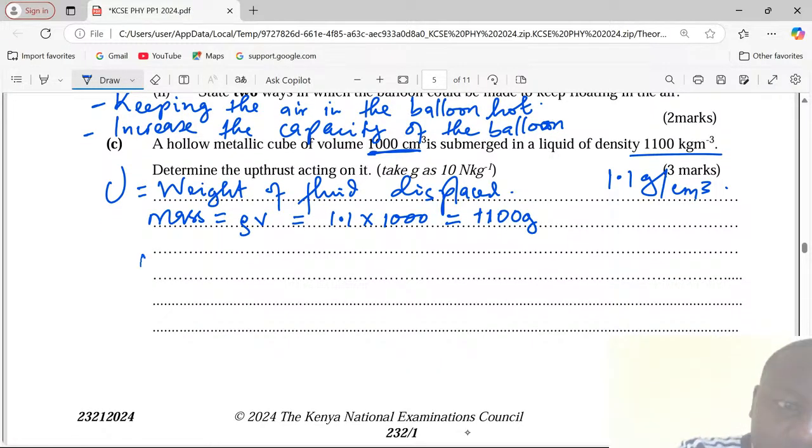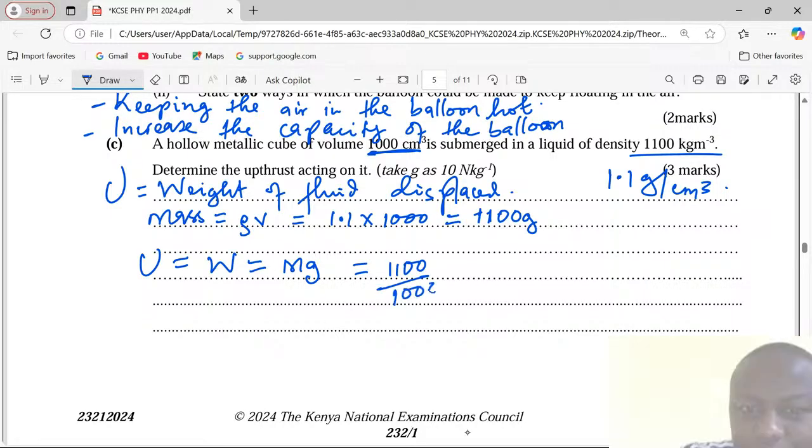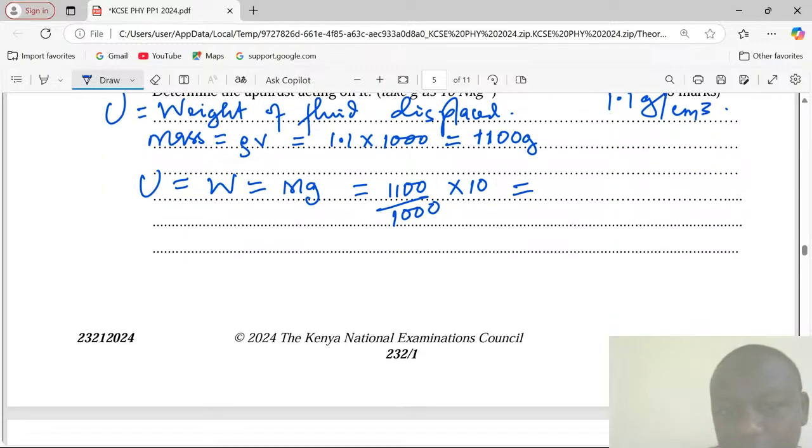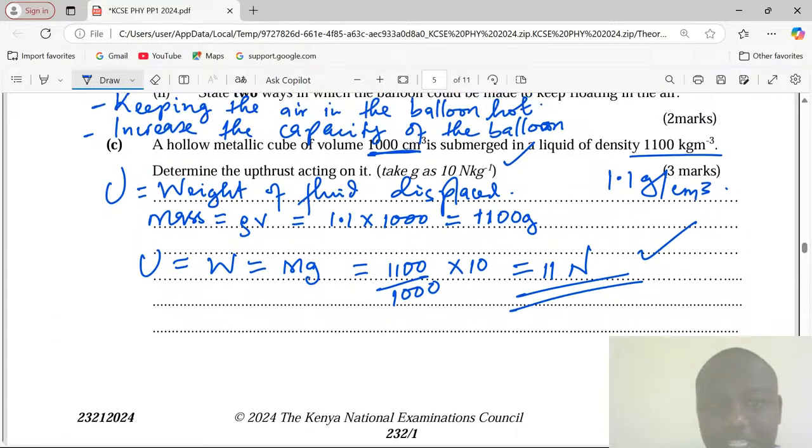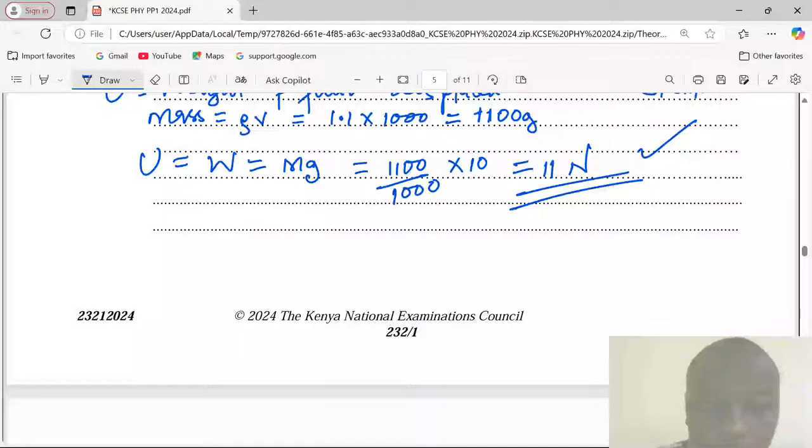Therefore, upthrust, which is equal to the weight, will be mass times G. Mass, we make it as a unit by dividing by 1,000, then times G, which is 10. The value of G has already been provided here. It's 10. Therefore, we're going to get exactly 11 Newton. Now, 11 Newton is the upthrust acting on the hollow metallic cube.